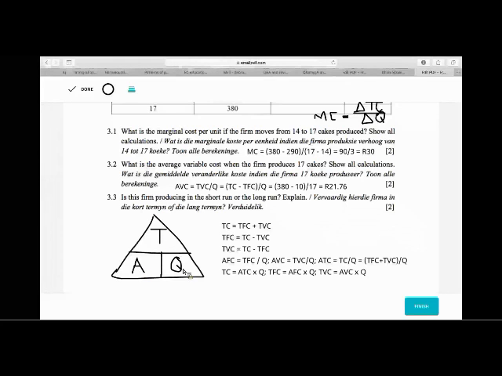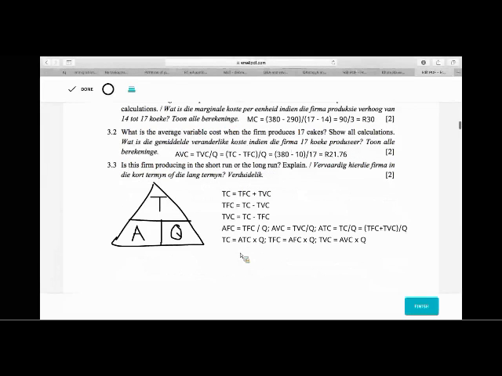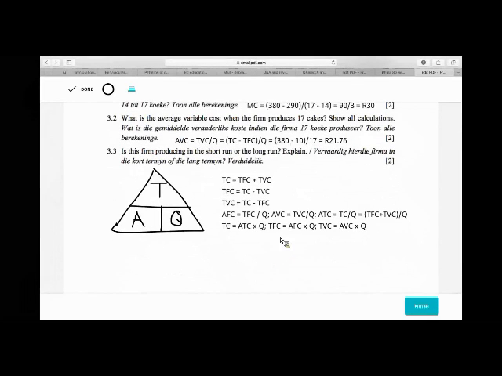Average fixed cost is total fixed cost divided by quantity. Quantity is total fixed cost divided by average fixed cost. So this one picture, TAC, summarizes all the cost functions and the way that they can be utilized together. So for me, that was a really neat thing that my student showed me 4 years ago.